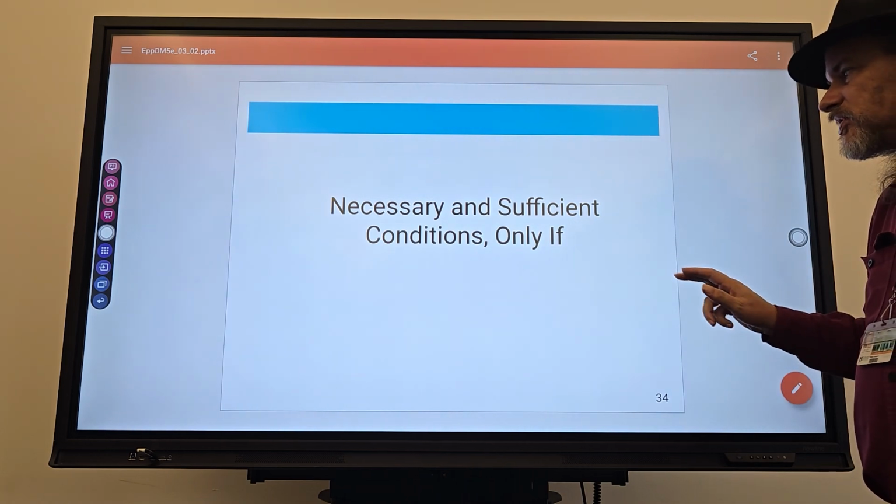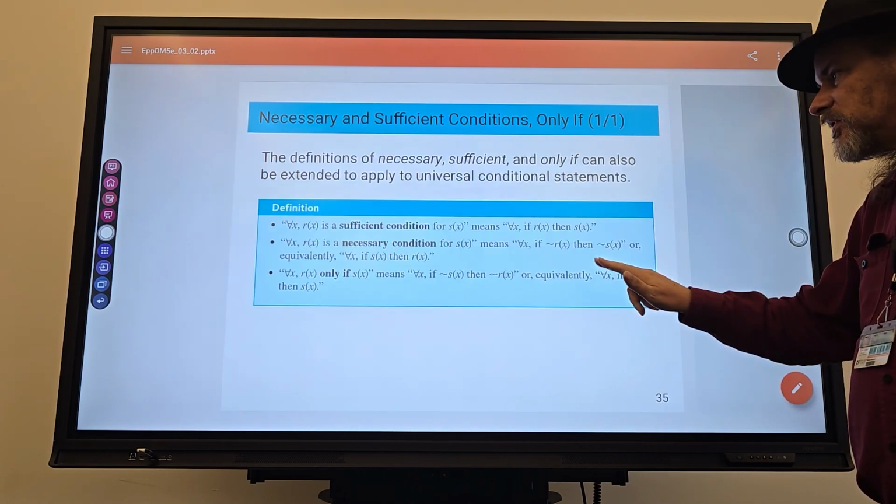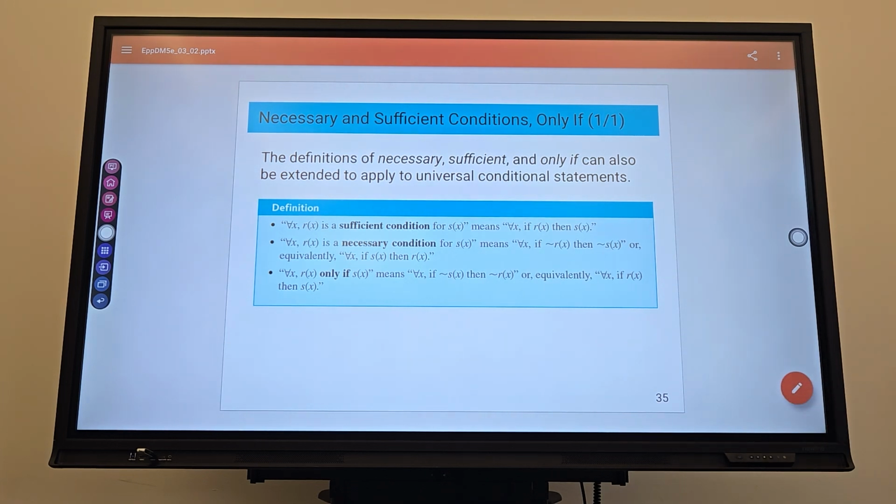Necessary and sufficient conditions, and only if. These are just different ways of saying some of the same things.